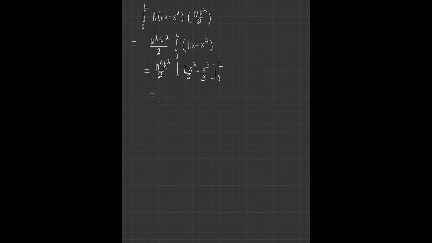L times L, so it's like L squared, L to the third over 2 minus L to the third over 3.